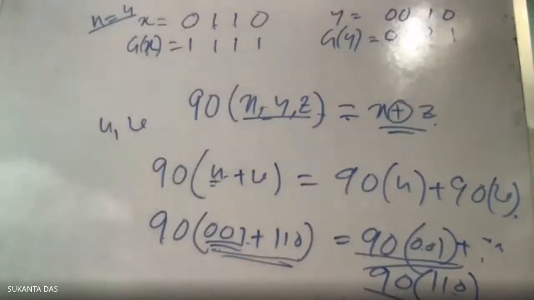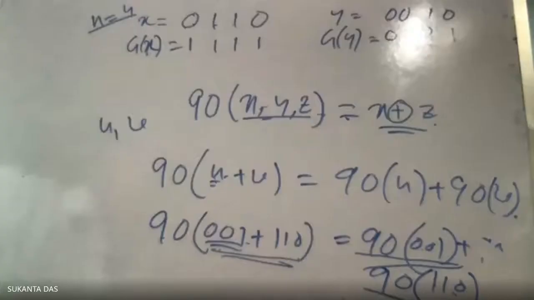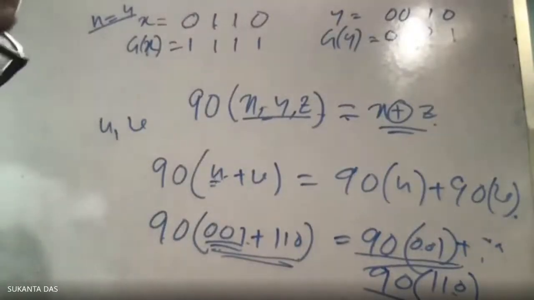Sir, why is the additivity property not supported in non-binary CA? Actually, for non-binary CA, if it is a D-state CA with D greater than 2, these two properties, additivity and homogeneity, have to be maintained.